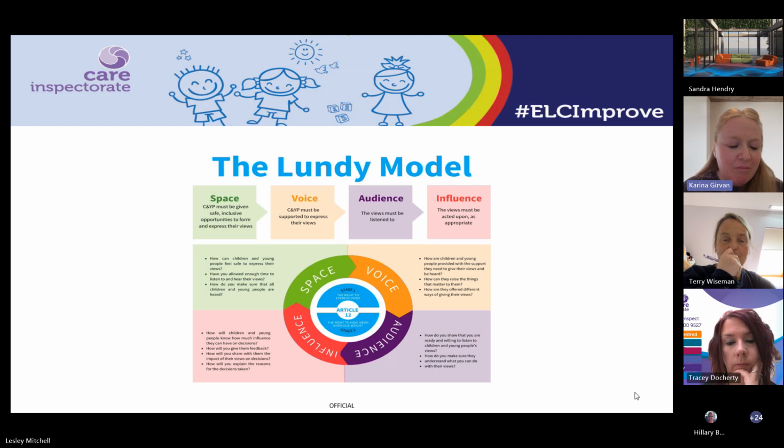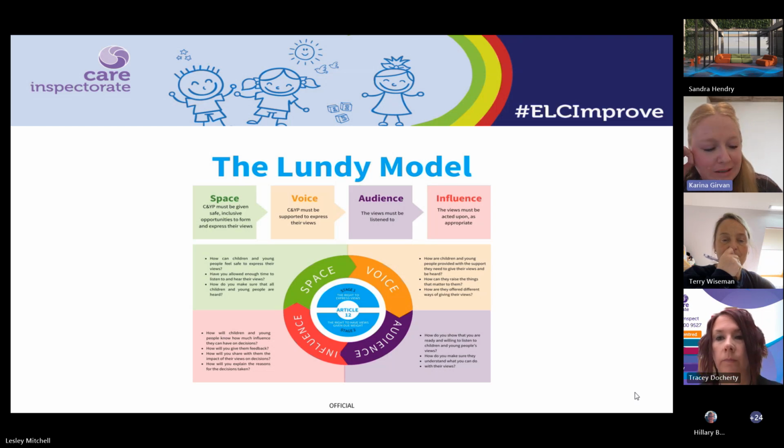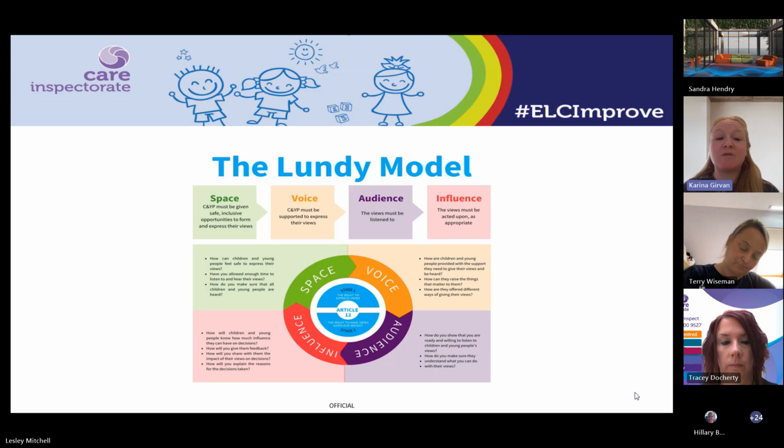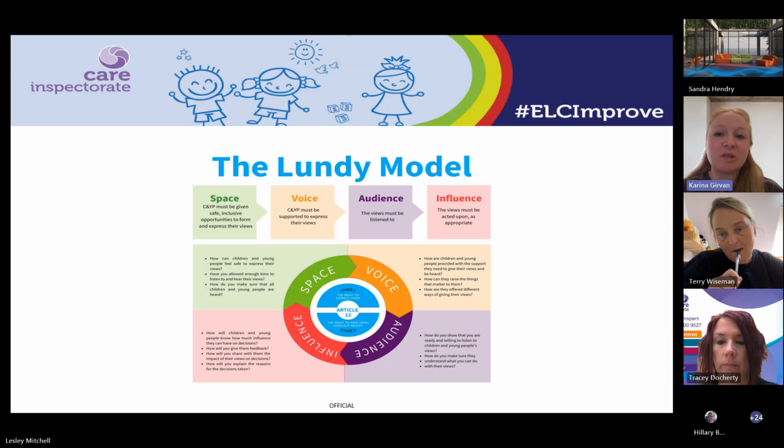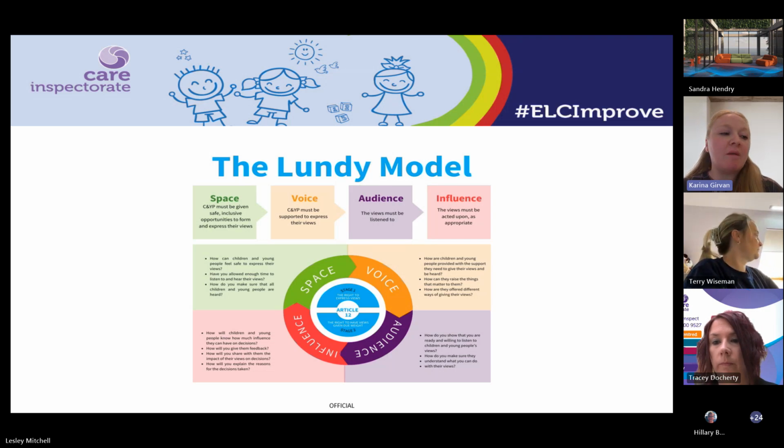But also, as an example from my own practice, and whilst this isn't about a very young child in terms of a baby, it's about a child who was non-verbal, who had significant complex needs. What this child wanted and what he felt he needed was to be able to climb on furniture, to climb on worktops.